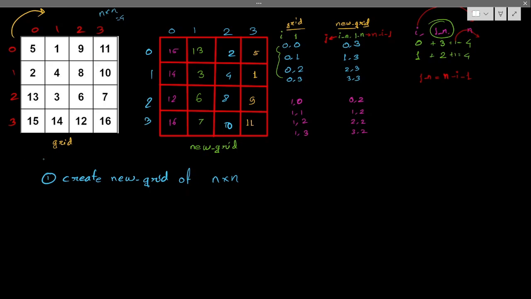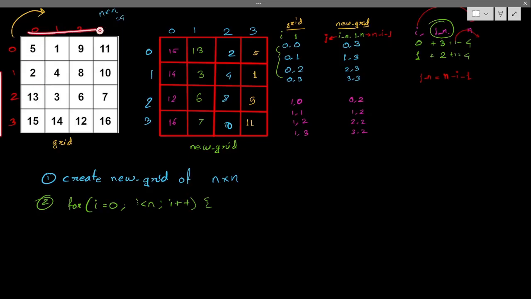Next, what I have to do? I am iterating through each element, from this to this to this. So I have to create an iterating loop, right? Simply, for I equals 0, for I less than n and I plus plus, I'm iterating each and every row.